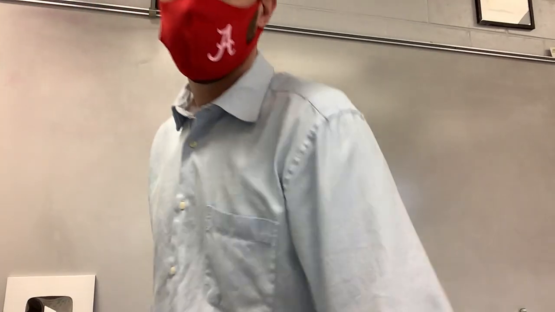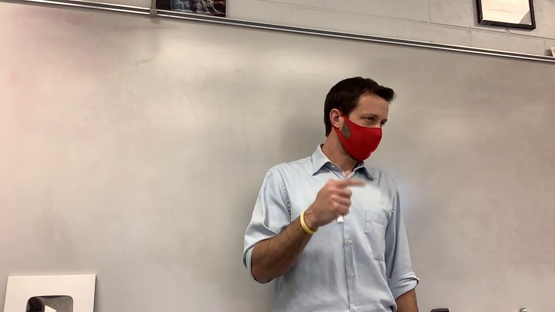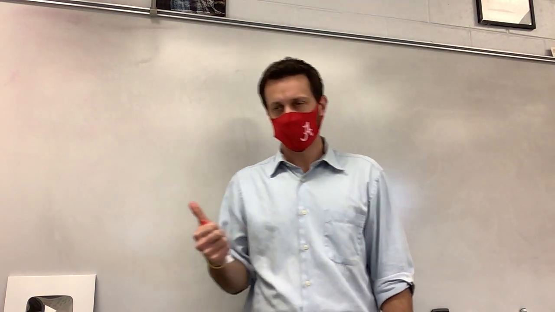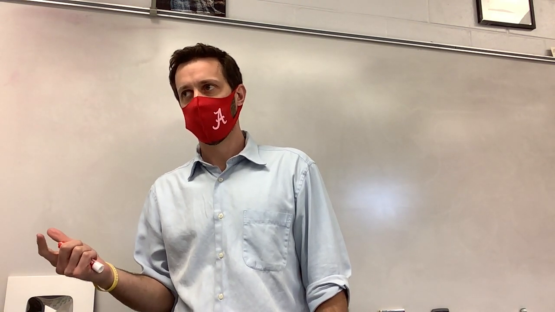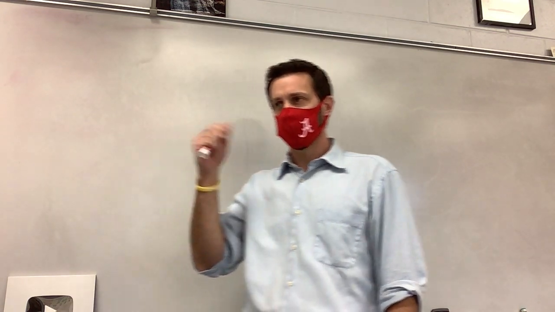Okay, birth rate does what? Increases. What else increases? Immigration. So birth and immigration are going to be positives. And then what's going to cause a decrease? Death and emigration. Yeah, both of those are going to cause decreases.